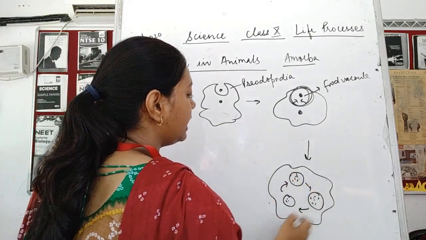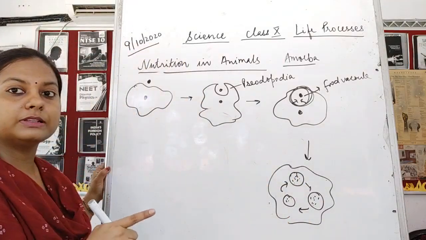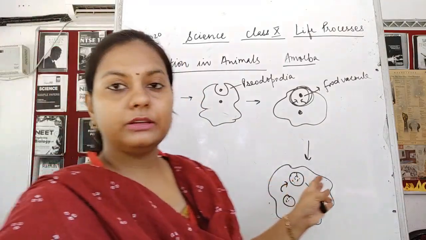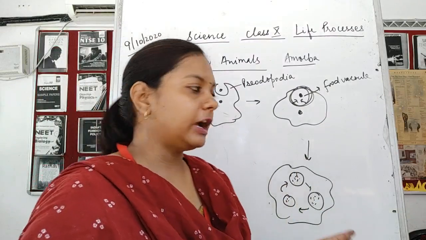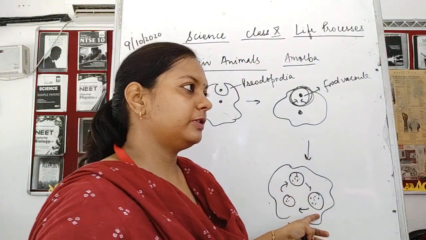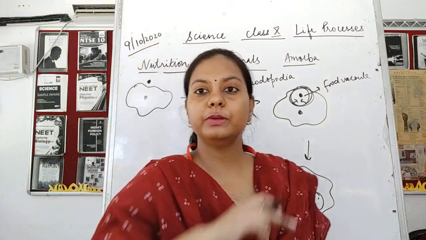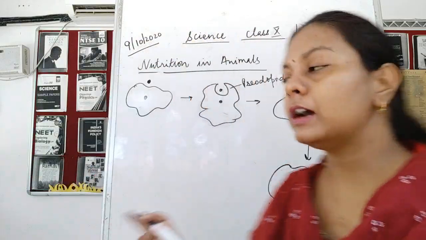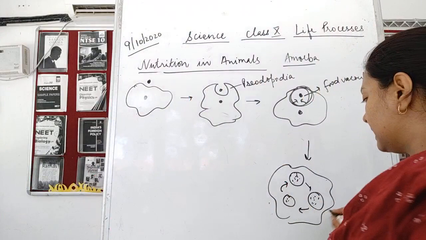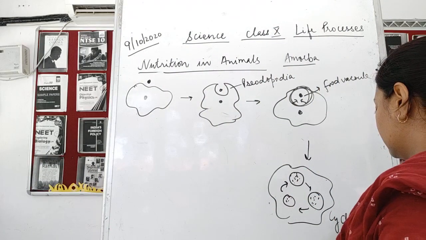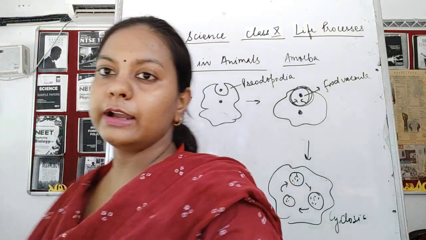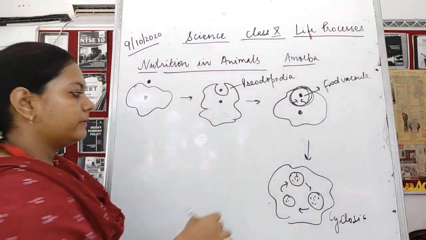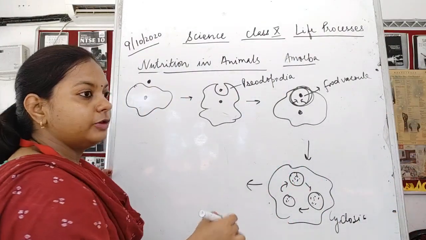Now during this breakdown of the complex food material into the simpler food material, it is going to show a circular movement. This is said to be cyclosis. This is called cyclosis. It is a circular movement of the food vacuole inside the body of an amoeba, because of which the food is getting digested.